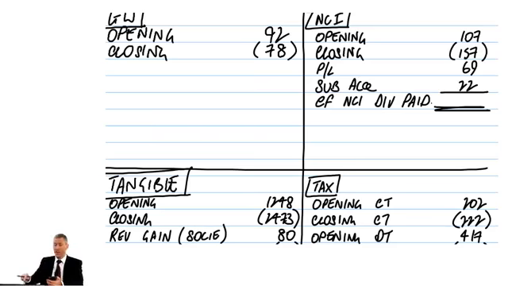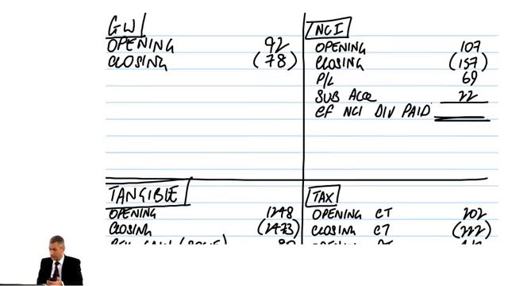And always the thing that comes out of the NCI is the NCI dividend paid. You just get used to it. So it's 107, no, that's not quite right. 107 minus 157 plus 69 plus 22 gives us 41. That's the NCI dividend paid to the NCI shareholders.